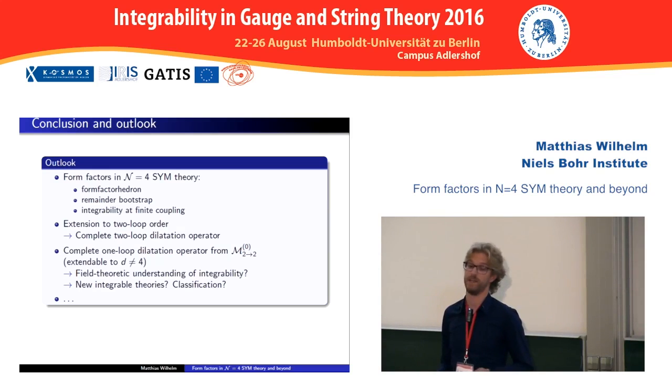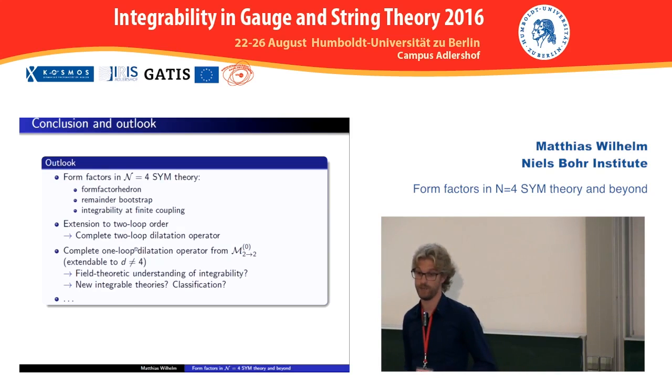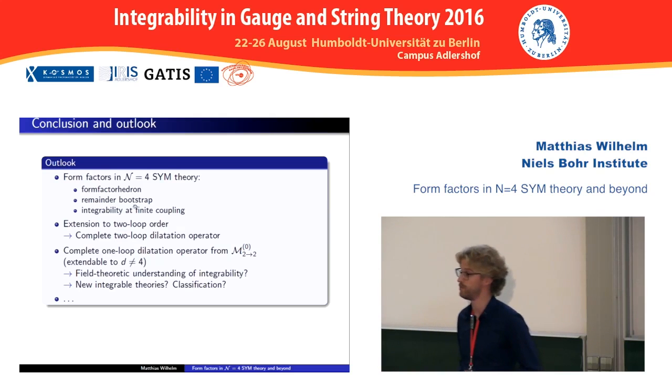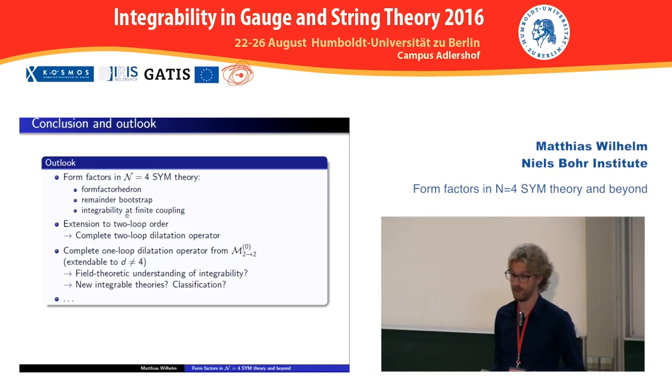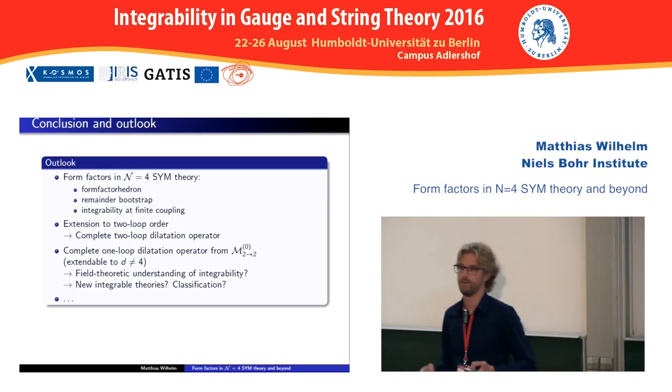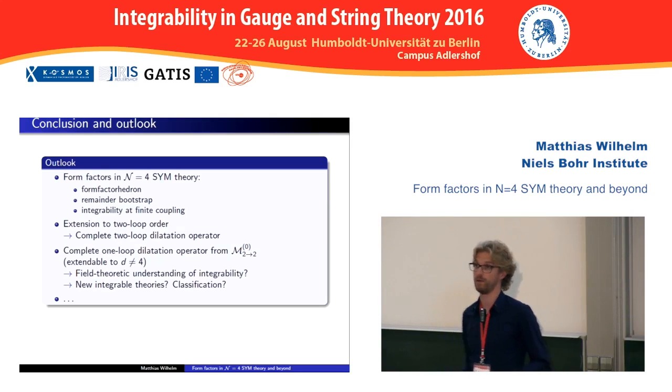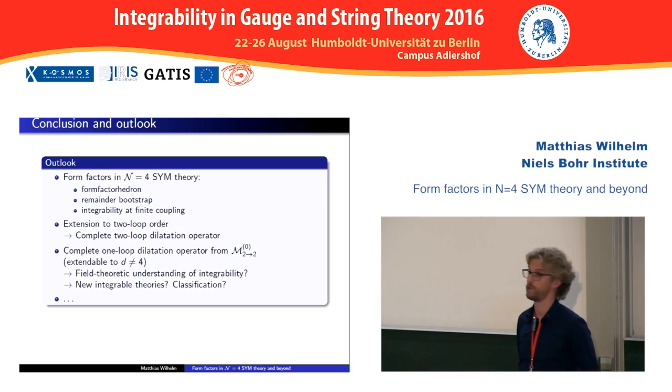Possible interesting extensions include a form factor hedron as a counterpart to the amplituhedron, a bootstrap program for the remainder function of form factors, the use of integrability at finite coupling, etc. Both in N equals 4 and for general theories, it would be interesting to extend the methods I've shown you in the second half of this talk to full 2-loop order and obtain the complete 2-loop dilatation operator this way.